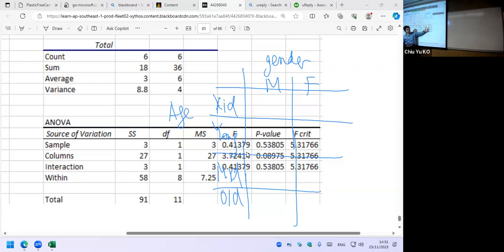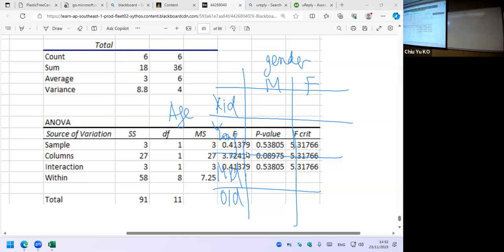There's something special there, and it would be captured in the interaction. It's very difficult to talk about interaction without going into the model, but you can imagine that there are things not captured by gender and age directly.